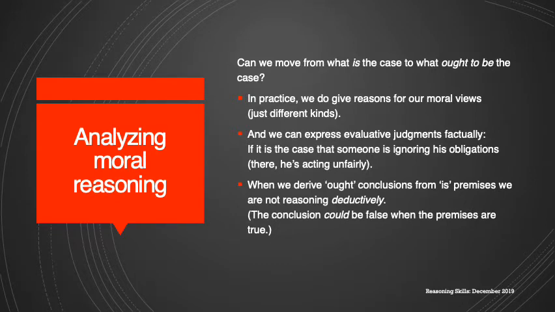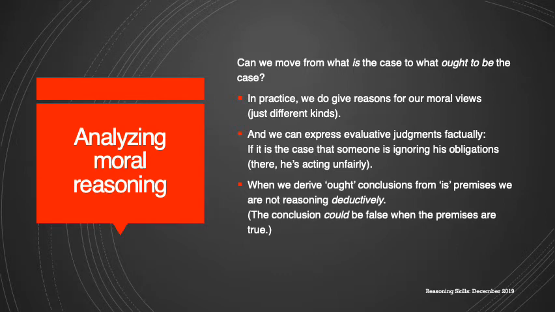When we derive ought conclusions, prescriptions, claims about values, including claims about moral and ethical values, from is premises, descriptions, factual claims, we are not going to be reasoning deductively. We are always going to be saying something more than what's contained in the premises, saying quite a bit more, and we're only going to be able to say it with a certain amount of probability.